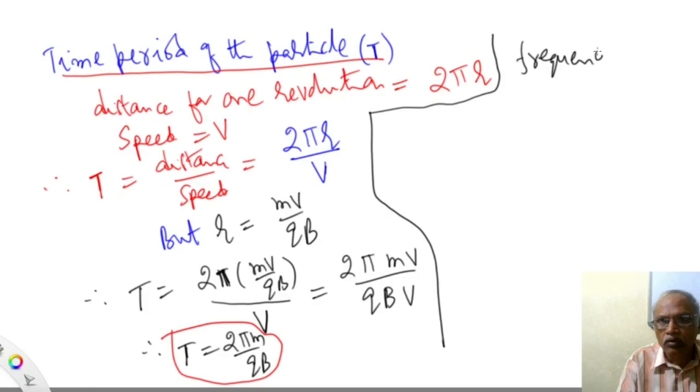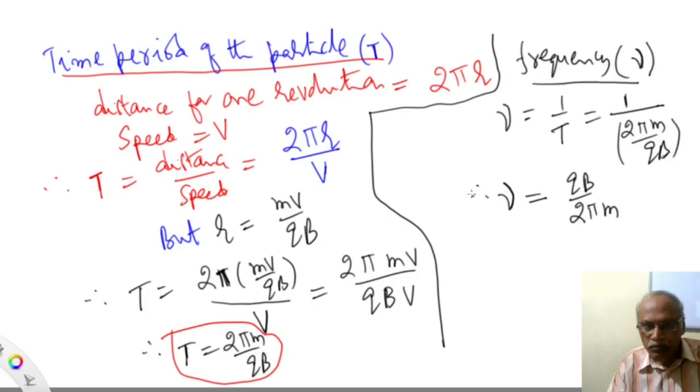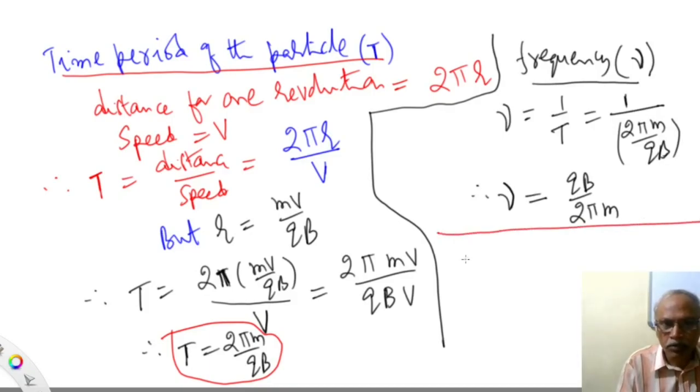Following? If you observe these equations, time period does not depend upon speed of the particle. Note this important point here. When a charged particle enters the magnetic field, the particle follows a circular path and the time taken for one revolution does not depend upon speed of the particle.